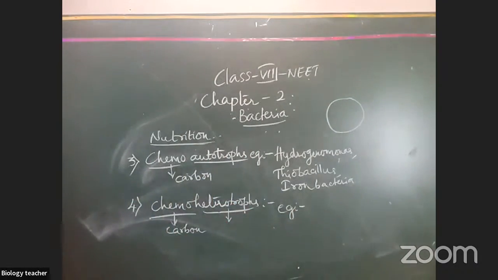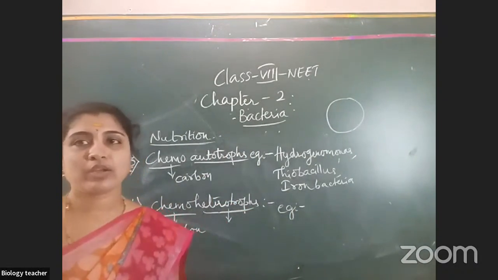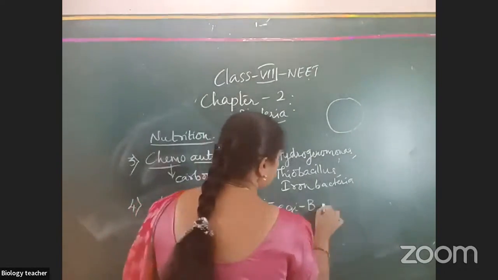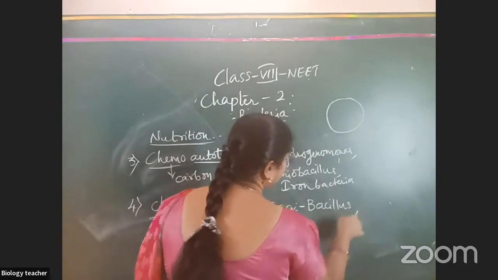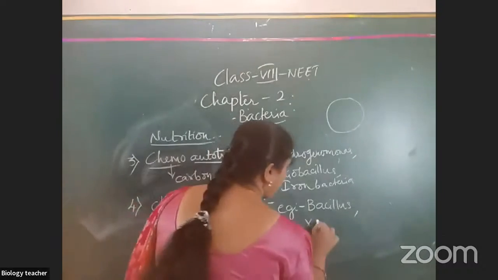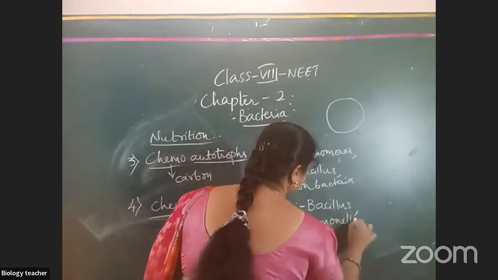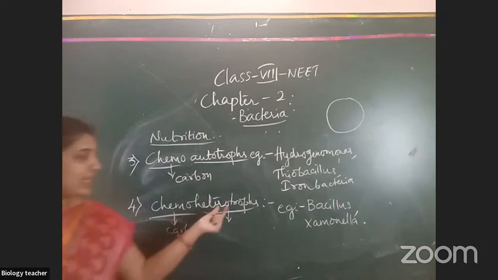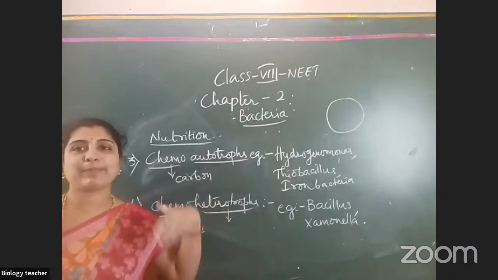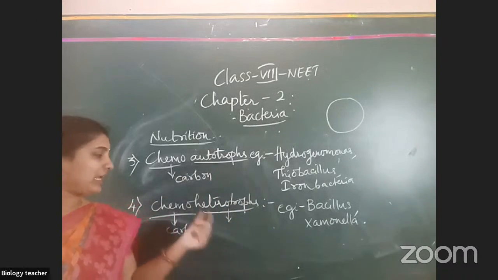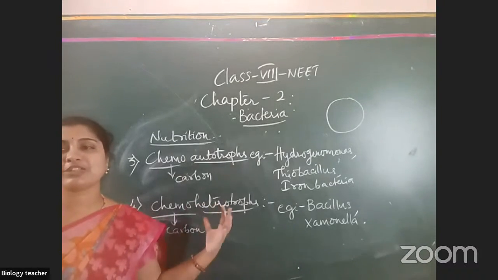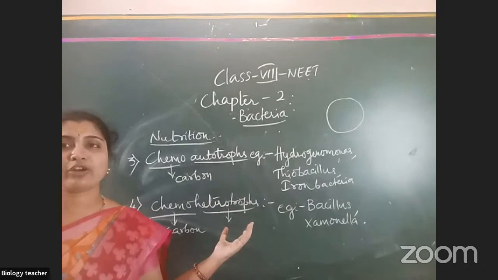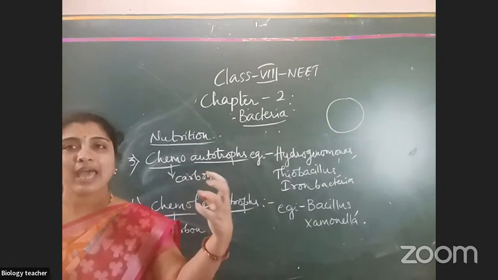If they are depending on others, we call them saprophytes. Examples: bacillus, which means rod-shaped bacteria, and salmonella. Heterotrophs depend on others for food. Which food are they taking, chemicals or carbon? Photoheterotrophs depend on others, as sunlight energy.